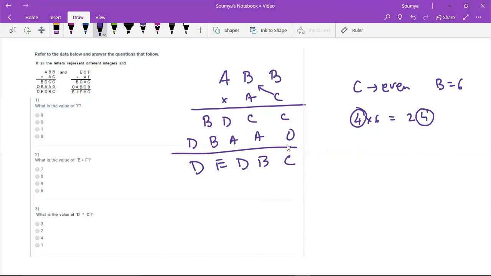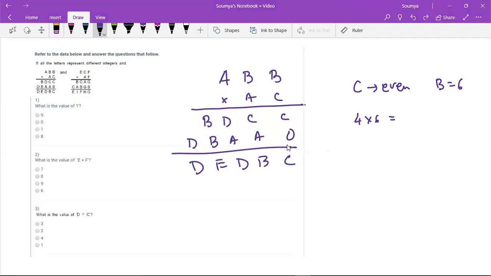Now if you check even the lowest possible value of C, 2, 2 into 6 would give us a number ending with 2, right? And here also 2 into 6, but that can never end with 2. The other thing that might have happened is that C is 0. But there is a problem with C being 0. I'll leave that for you guys to figure out. I'll not give that away right away.